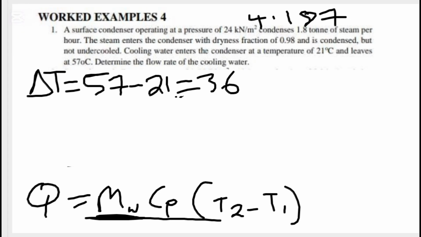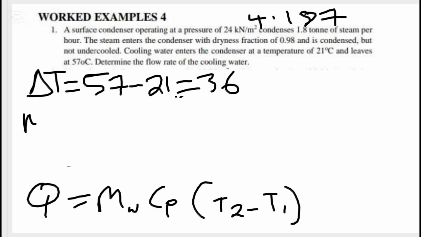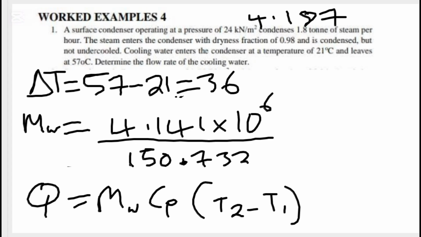The next thing that I'm going to do is, if I make mw the subject of the formula, I will divide both sides by Cp and delta T. This Cp and delta T will cancel each other, and I will be left with only mw, so I divide Q by Cp delta T. So mw is the same thing as 4.141 times 10 to the power of 6 divided by Cp times delta T, which is 150.732.